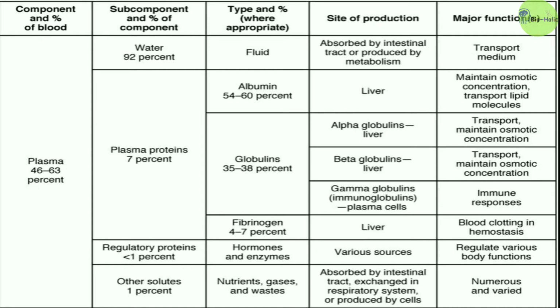The plasma proteins help in many things, like they maintain osmotic concentration, transportation of lipid molecules and others, and they also help in immune responses, the gamma globulins. Some regulatory proteins help in many regulatory body functions, and other solutes like the oxygen or gaseous parts, the nutrients and the waste help in numerous functions.